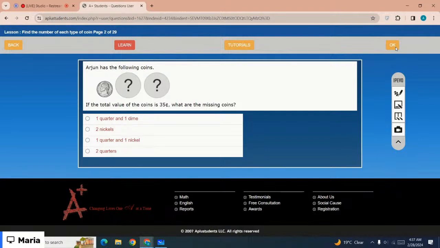The correct option is 35 cents it is, right? So it would be, the correct option is 1 quarter and 1 nickel. Option number 3 is the correct option.